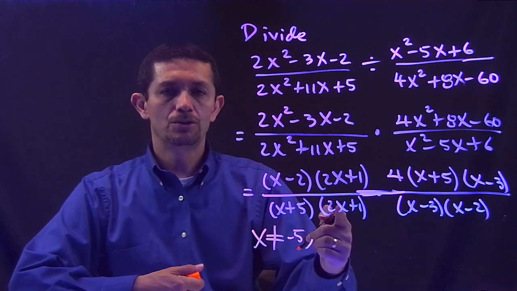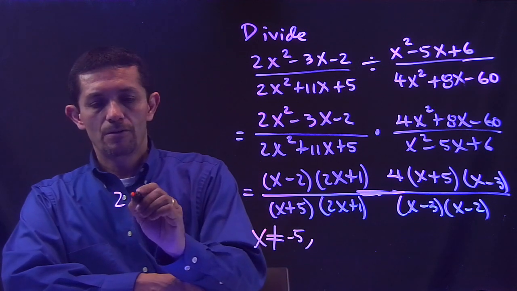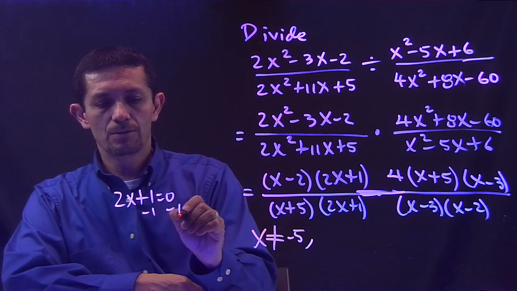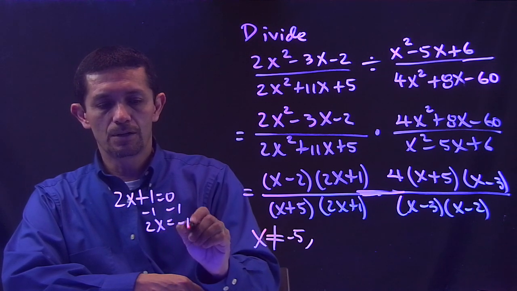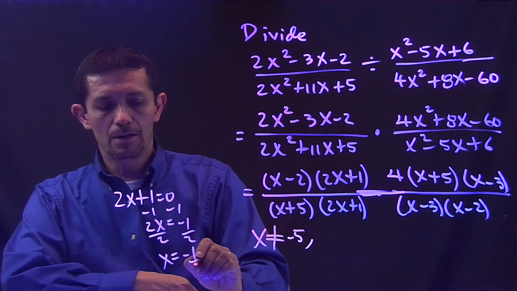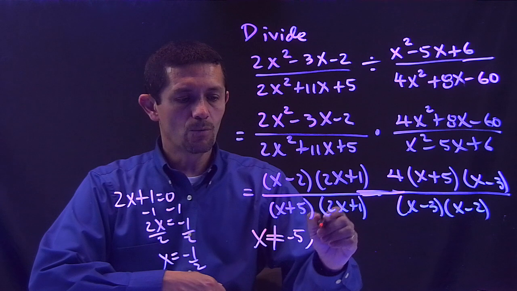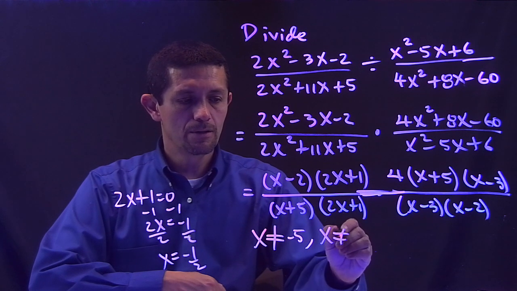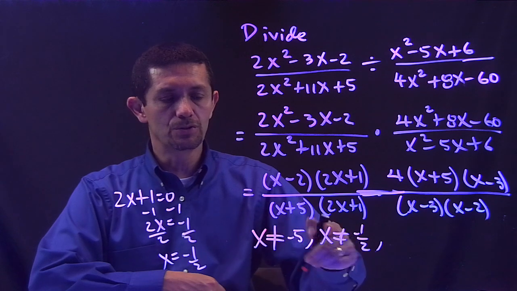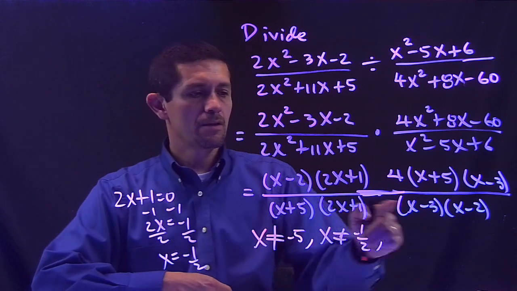From here, 2x plus 1 equals 0. Minus 1, 2x equals negative 1, divided by 2, x equals negative 1/2. So I don't want x to be negative 1/2. These are the restrictions in your domain.